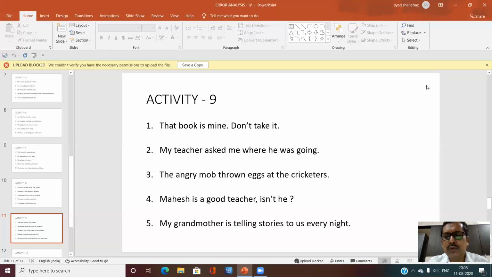So when you use V3, you have to use has or have in this sentence. But you are not using it here. The mob has thrown eggs at the cricketers. This is the correct sentence.